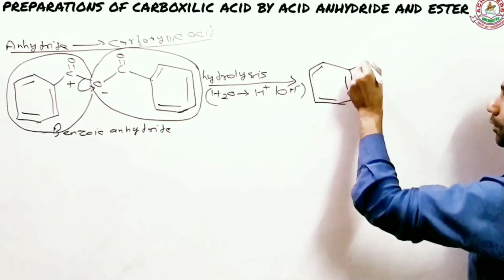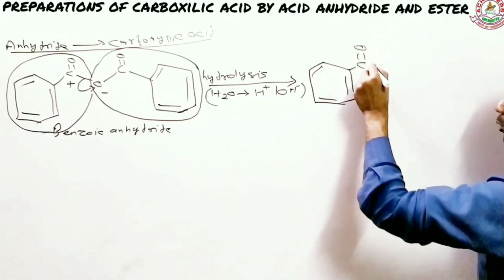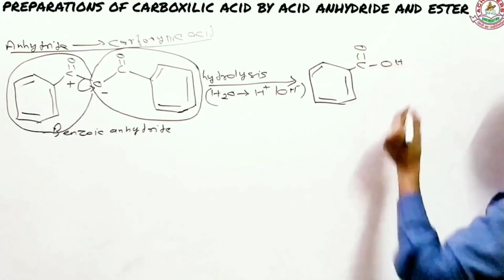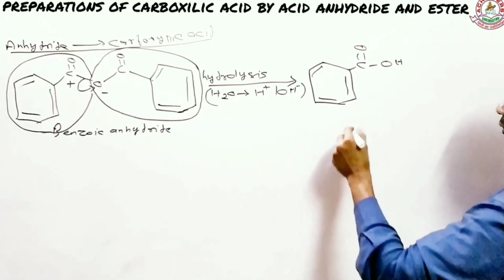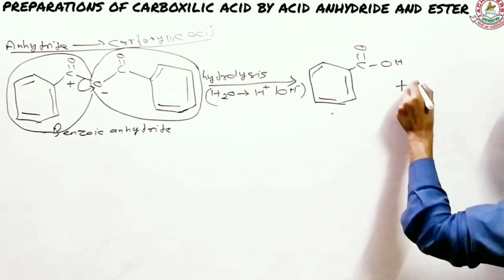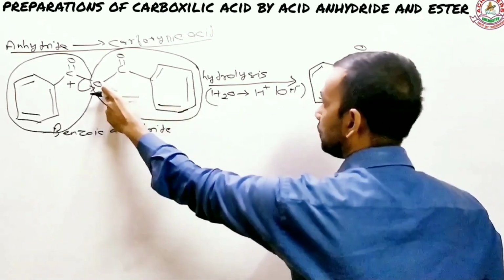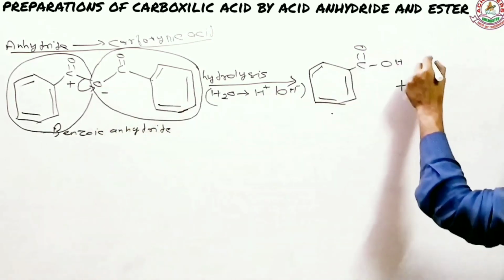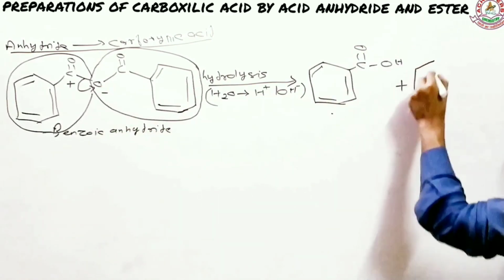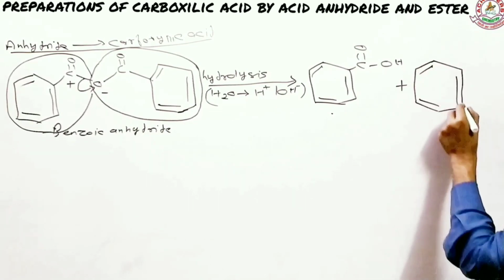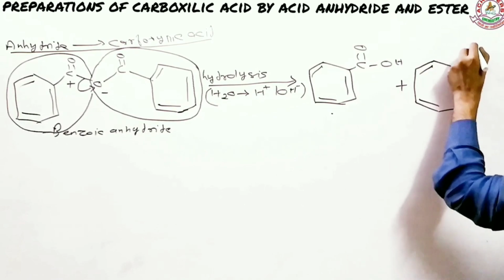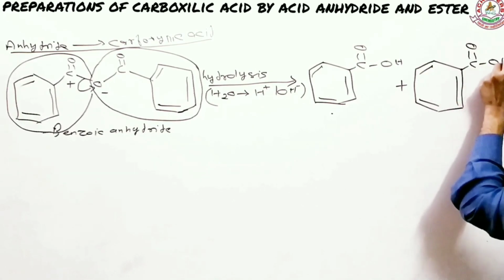You had carbon, a carbonyl group, and you had oxygen. You had a hydroxide ion, right? And then for the other one, just concentrate here. This oxygen will react with H plus. So this will also convert into another benzoic acid, C double bond O and OH.